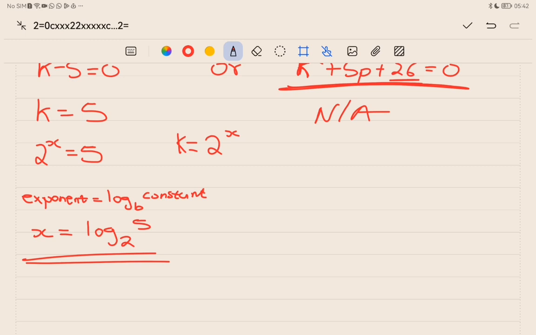Then it will depend if maybe they told you to round it off to the nearest 2 decimal places.